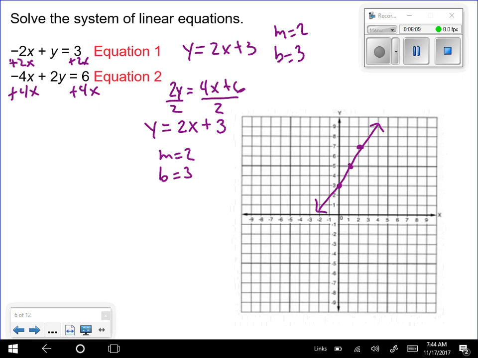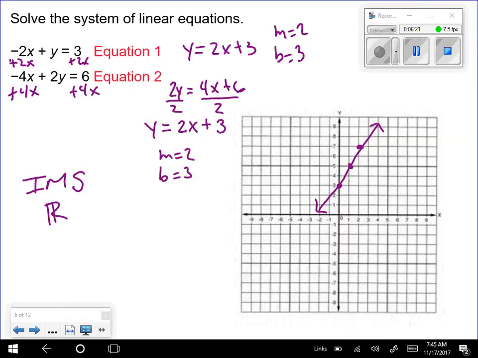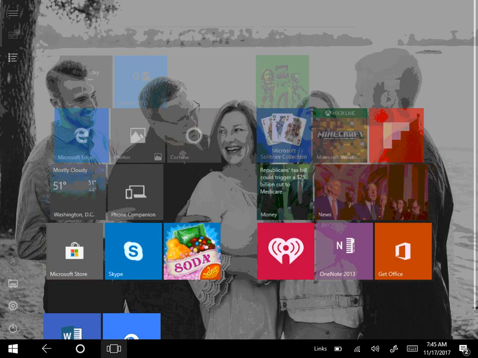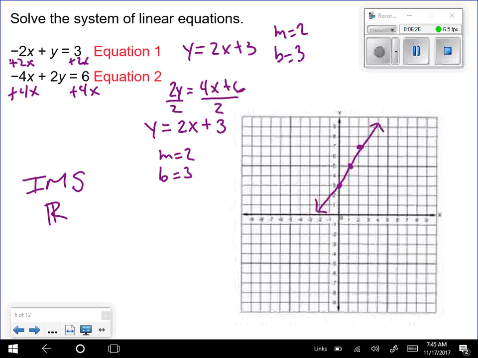I have the same line, so this is going to be infinitely many solutions, all real numbers, either one, whichever you choose to pick. Sorry about that. So when it's the same line, when we get to this point and we have the same equation, we know that the system here is going to have an answer of infinitely many solutions.